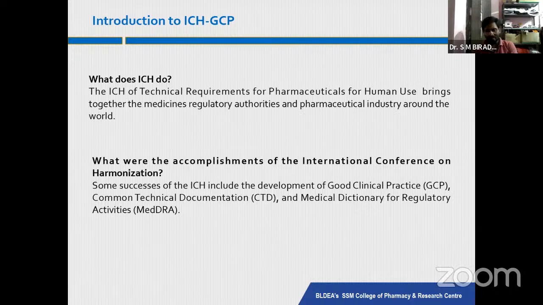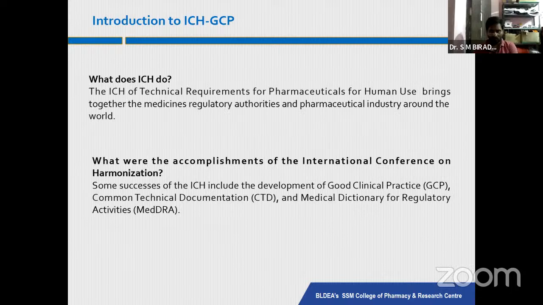It includes the development of good clinical practice. With this ICH organization, they have framed certain guidelines in terms of good clinical practice, which should be followed by everyone, everywhere, in every country that is a member of the ICH.